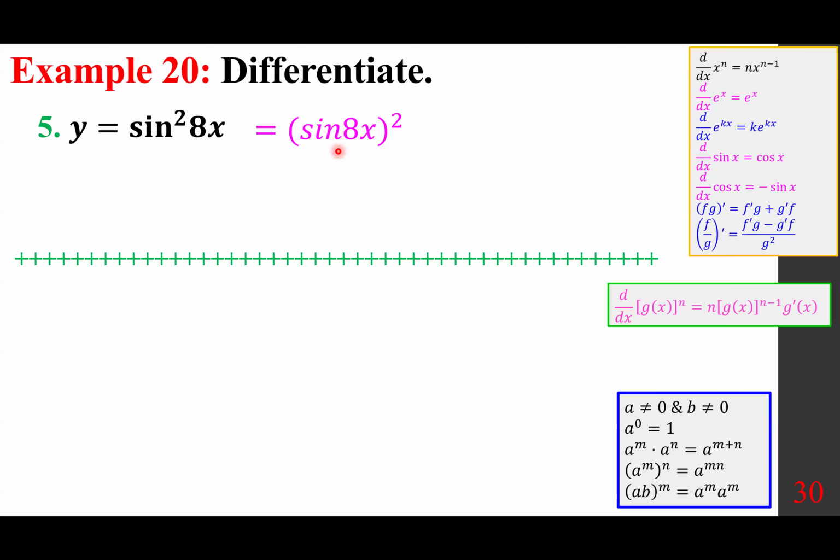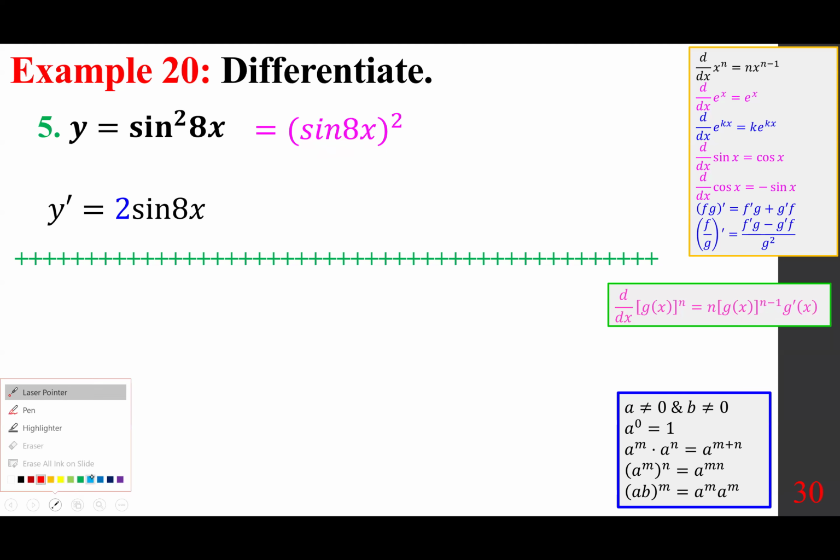So something g of x to the power of 2, we are going with the extended power rule. 2 sits in front, sine 8x to the power of 1, or simply 2 sine 8x. And then you need the derivative of the sine of 8x. Sine gives you cosine.